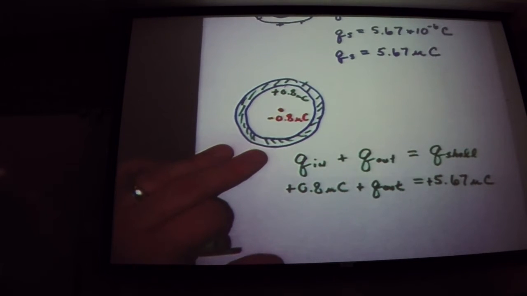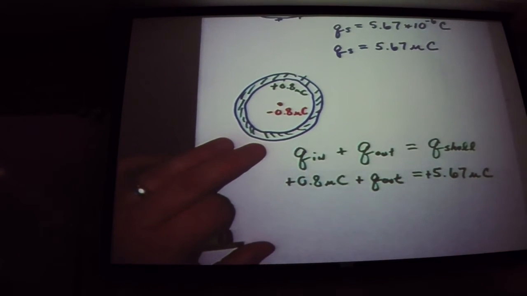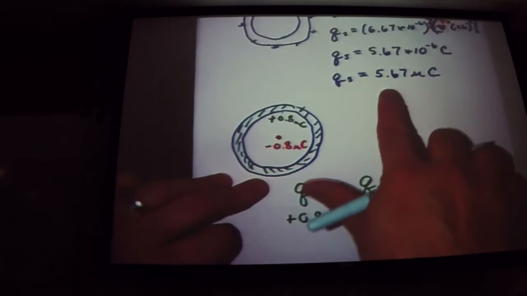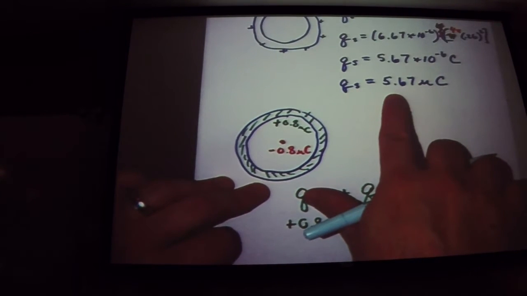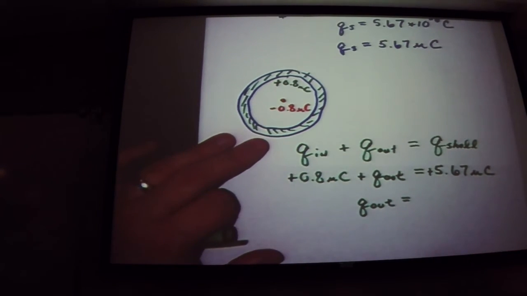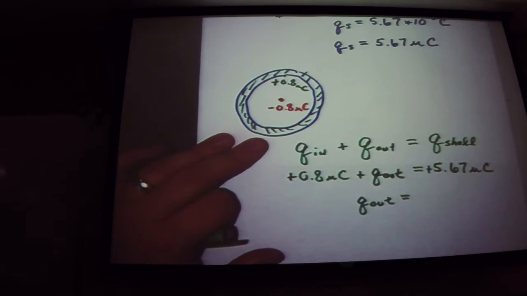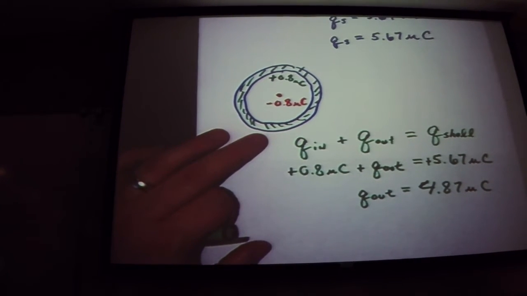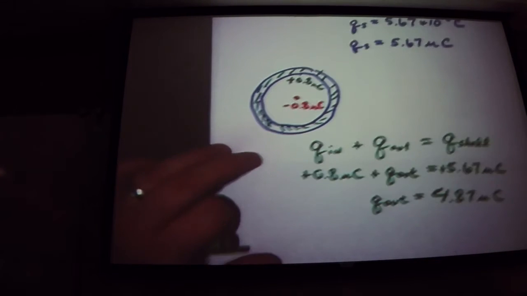Whoops, that's 5, not 0.5. Right, okay. So my outside is, take this off of here, and you have 4.87 microcoulombs.